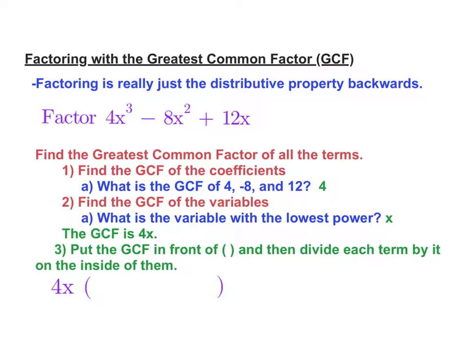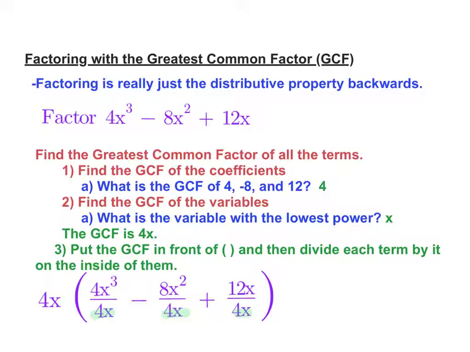And that's how we get a simplified form, so it looks like this. I highlighted the 4x because that is the greatest common factor. So this is my original problem, 4x cubed minus 8x squared plus 12x, and then I divided by that greatest common factor, which will reduce this original polynomial down to something that existed before it all got multiplied by 4x.